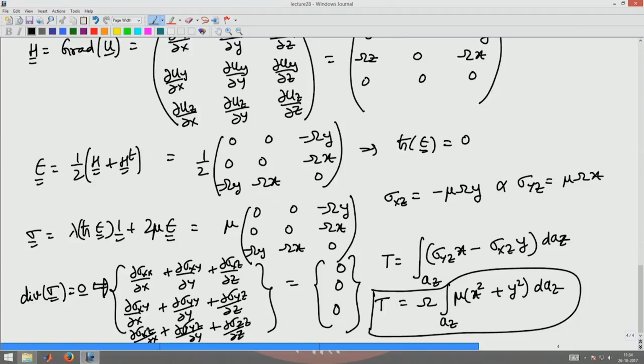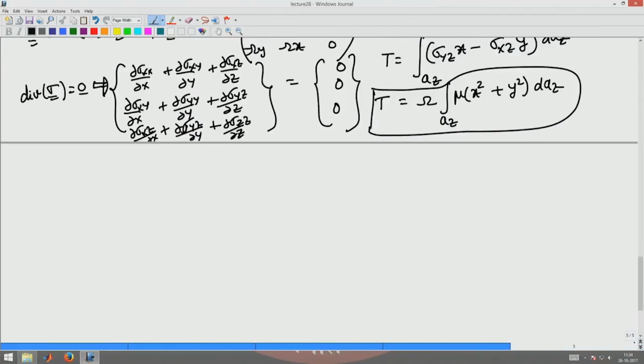Okay, now further simplification is possible if I assume that the member, or the structure, is a homogeneous body.